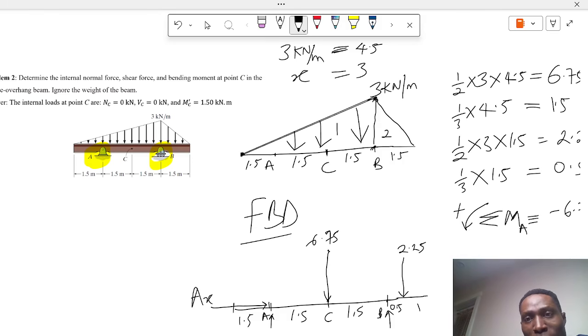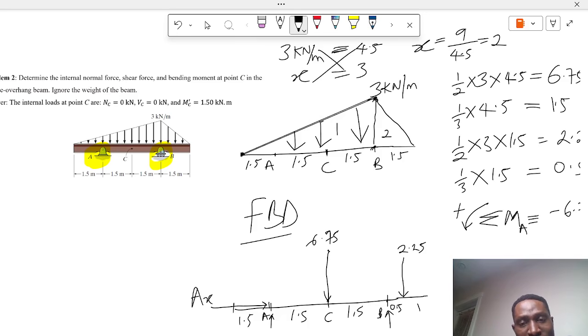A simple calculation is to cross multiply. When you cross multiply, X is equal to 9 divided by 4.5, which is equal to 2. That means the force acting at point C is 2.